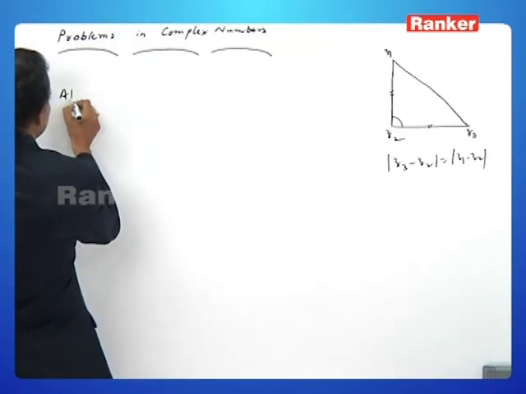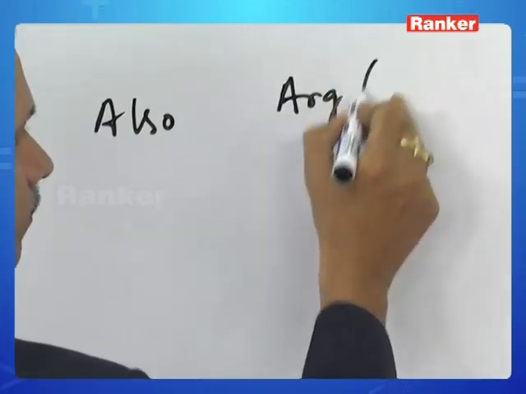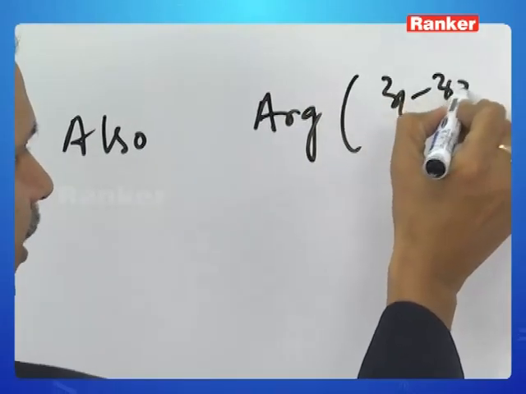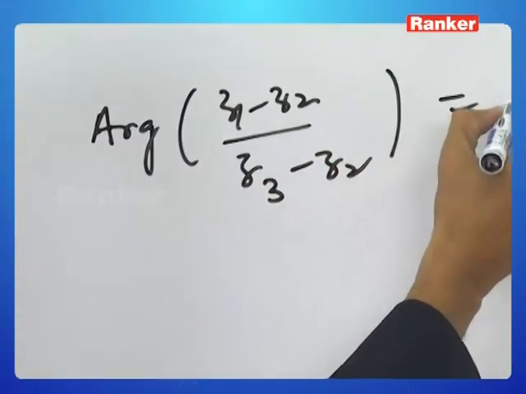Also, argument of Z1 minus Z2 by Z3 minus Z2, no doubt it is pi by 2.